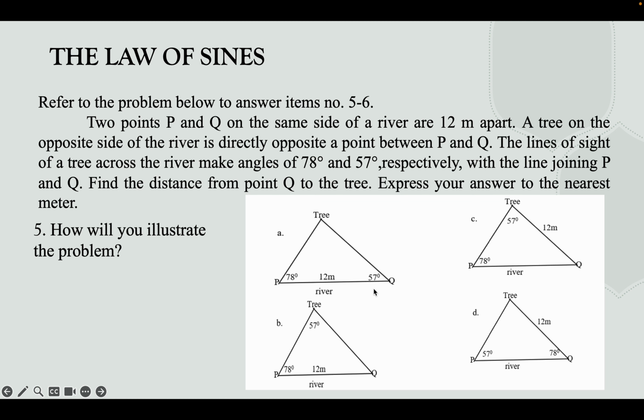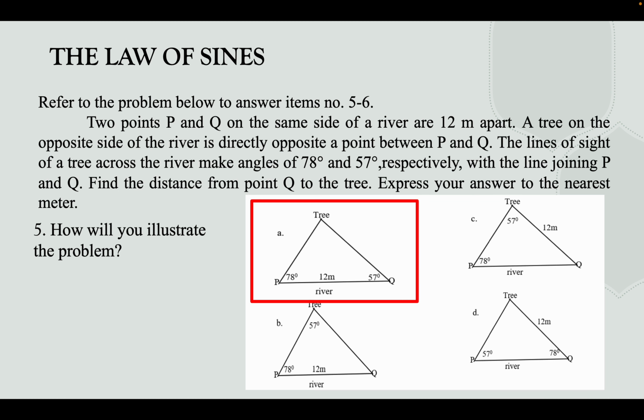And the lines of sight to the tree across the river make angle P 78 degrees and 57 degrees for angle Q. So based on our visualization, it matches letter A in the illustration.